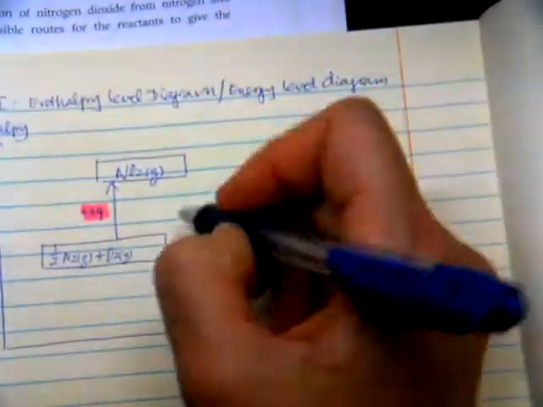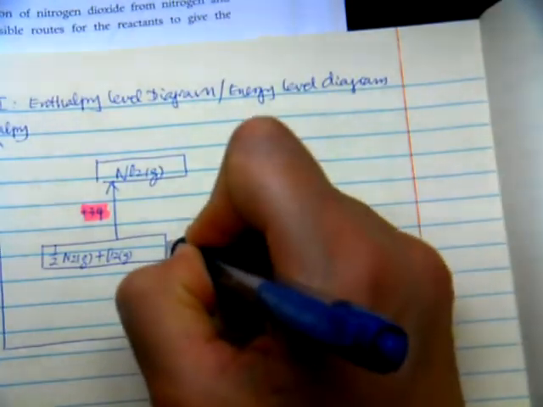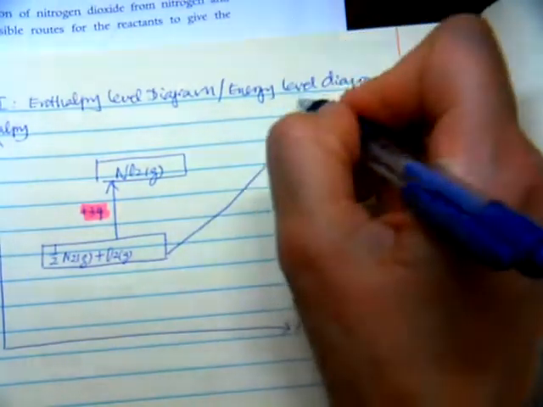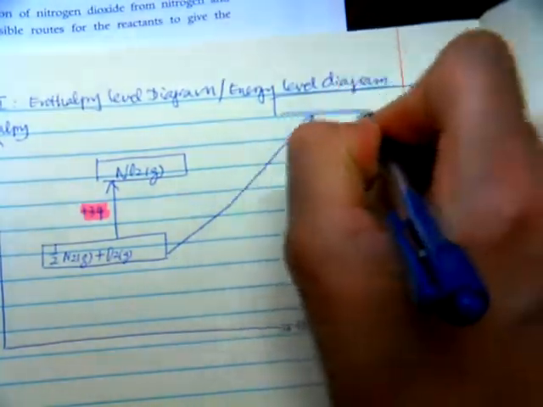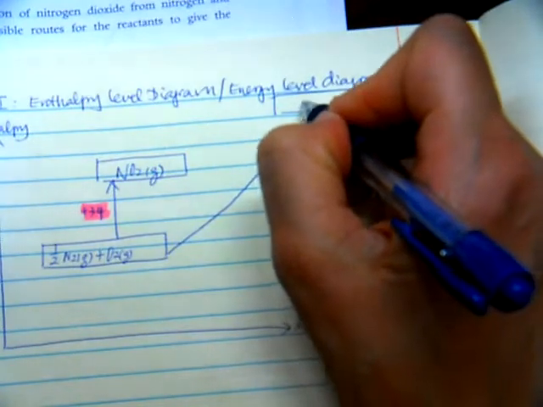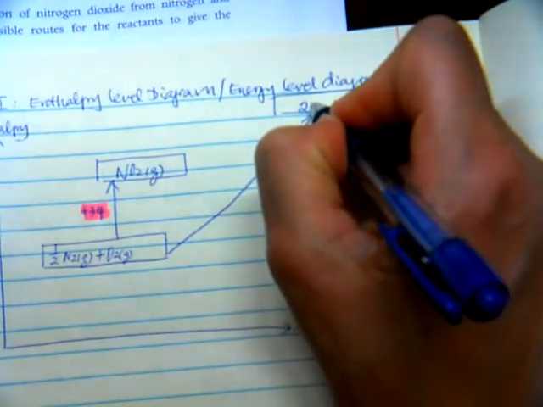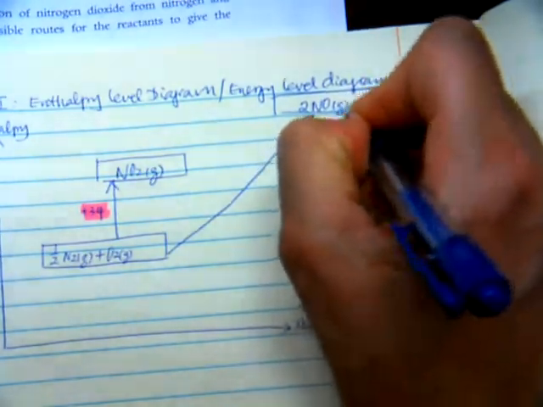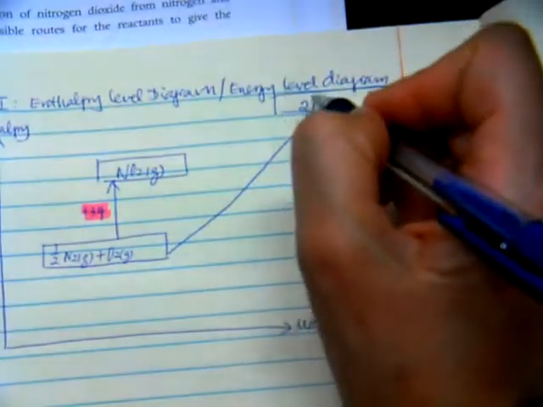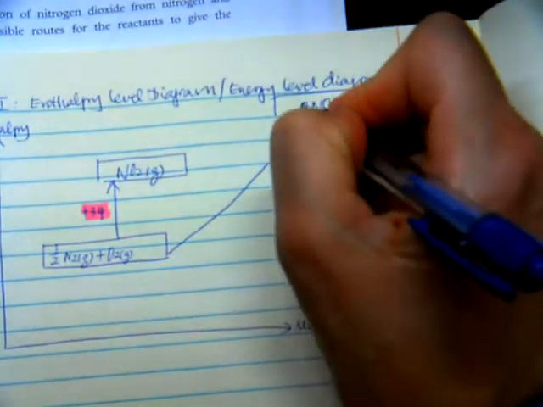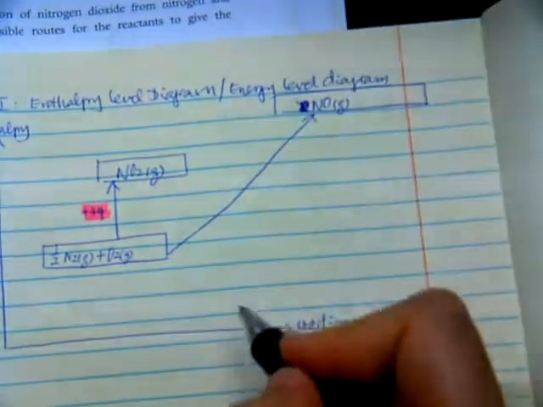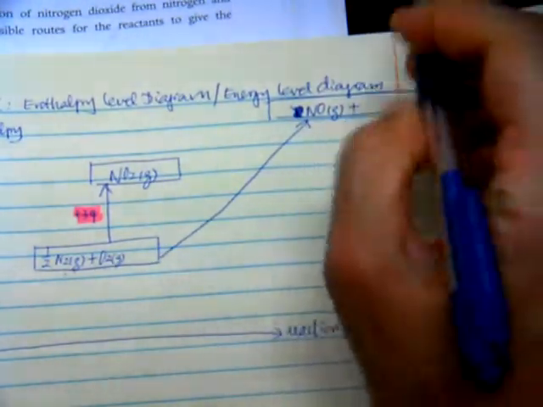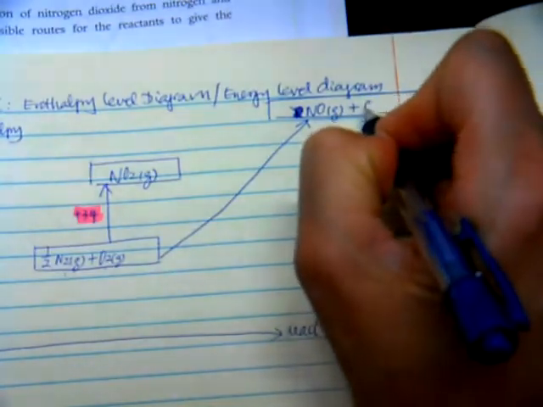Endothermic process, that means point it upwards, to form NO. No, one only. One, yes. And then 1 O is left.